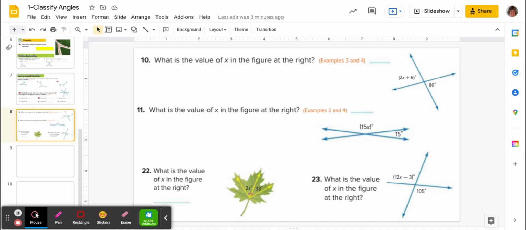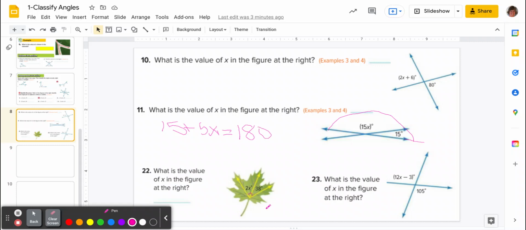We know that this is one straight line going across here, and if it's one straight line, we know that that is 180 degrees. If it's 180 degrees, then we know that 15 plus 5x equals 180. And we will solve it from there.